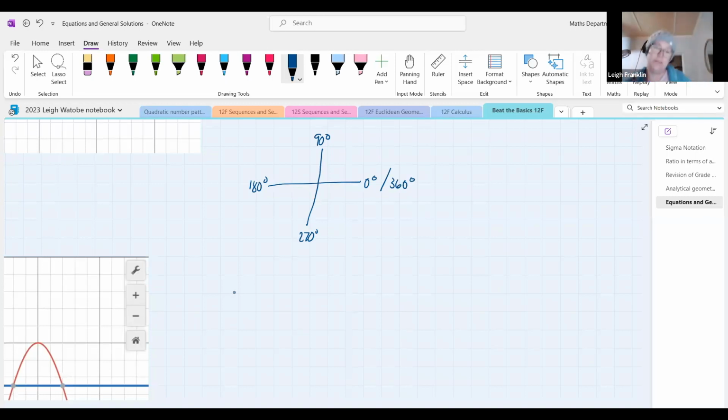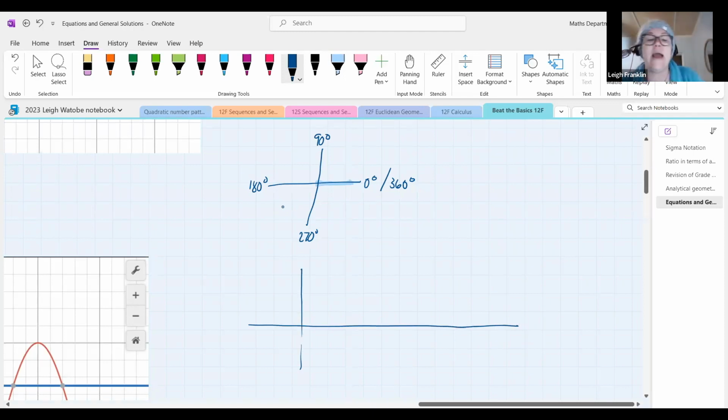We can look at it from that perspective, in which case our terminal arm is anchored at the origin and it swings either in an anti-clockwise direction where angles are positive or in a clockwise direction when angles are negative, and it swings around the origin like the arm of a clock.